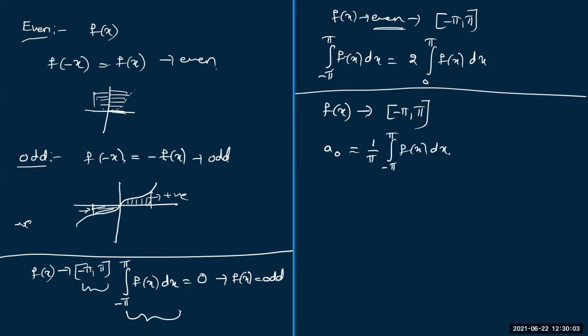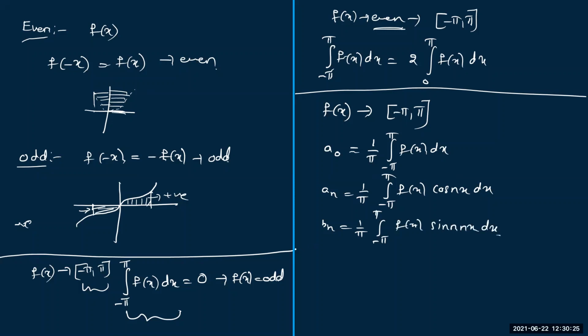This is the regular formula we use. Similarly, a n is 1 by pi into the integral from minus pi to pi of f of x into cos n x dx. Then b n is 1 by pi into the integral from minus pi to pi of f of x into sin n x dx. So these are the regular formulae we use to calculate the Fourier coefficients.